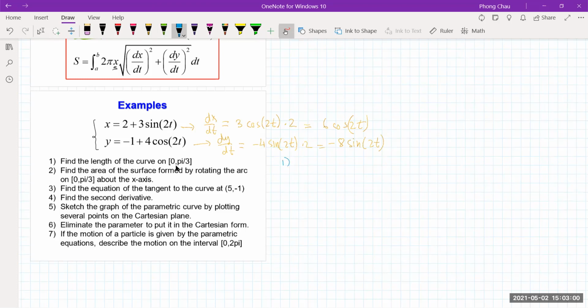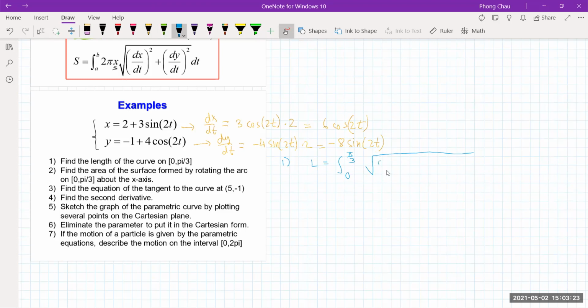Find the arc length. Okay, so the formula again: the arc length is the integral from, it's given from 0 to pi over 3, of the square root of (dx/dt) squared plus (dy/dt) squared.